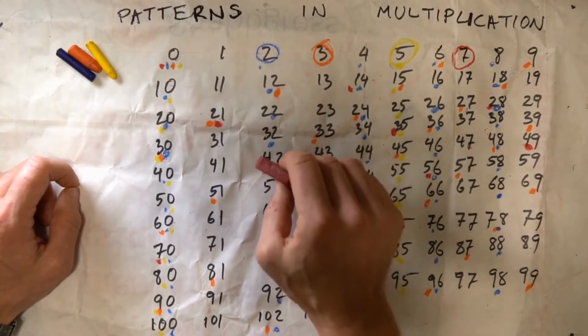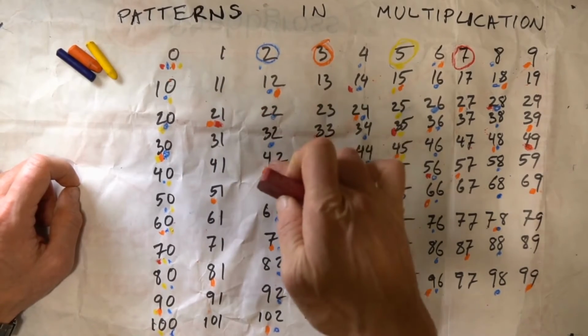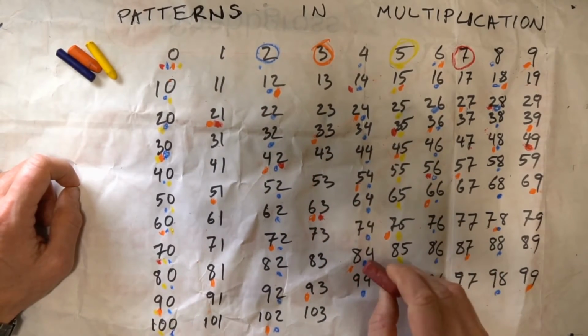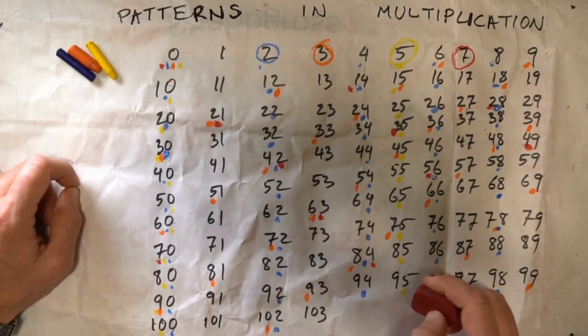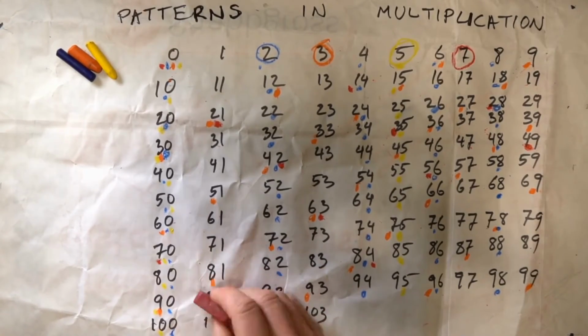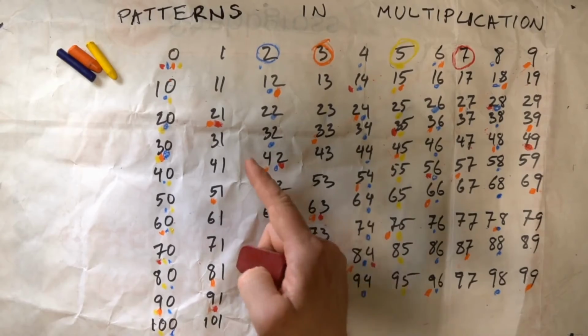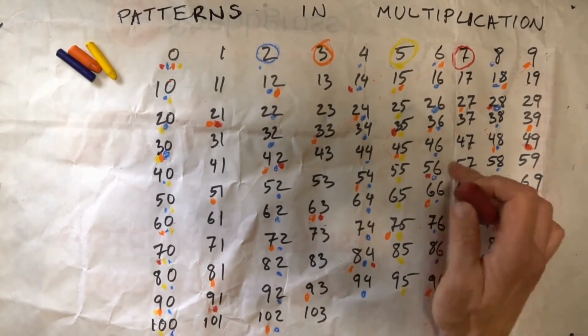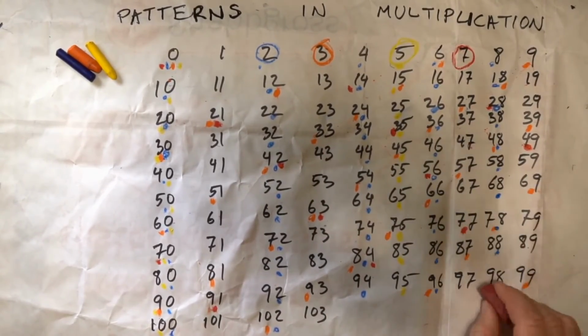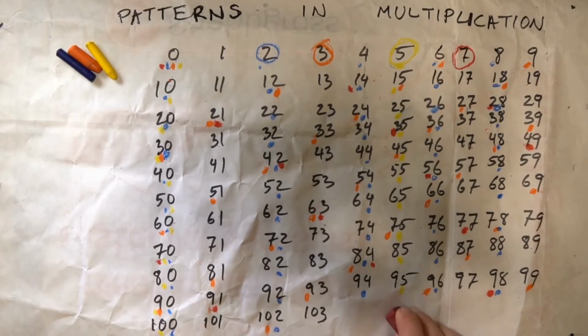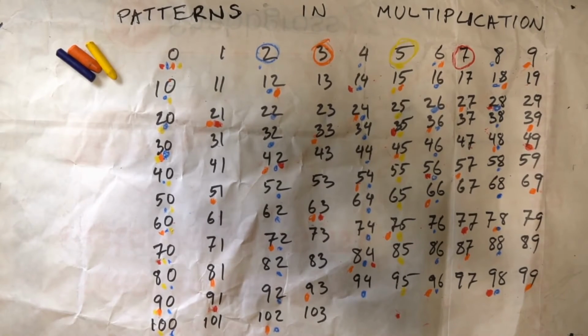When you go like that, like that, 2 down, like that. So we have everything on this chart that's divisible by 7.